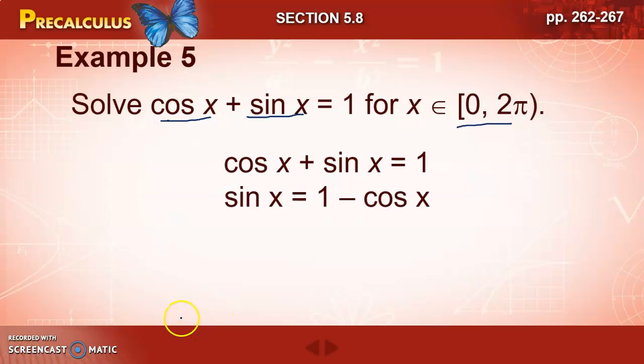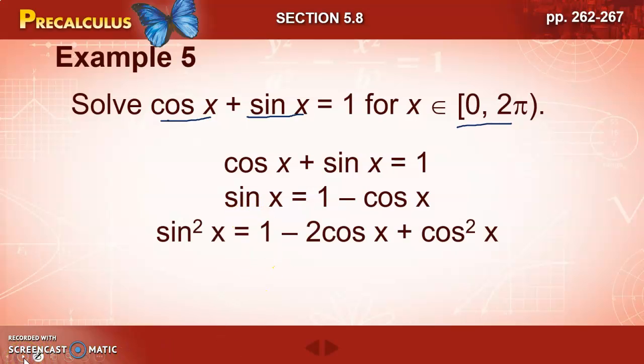However, let me write that here. If I subtract cosine from both sides, I get sine x equals 1 minus cosine x. Well, that should remind you a little bit of the Pythagorean identity, except the Pythagorean identity has squared terms.